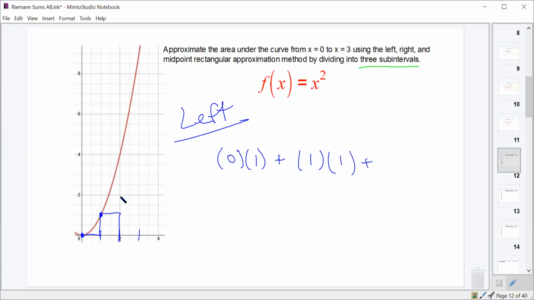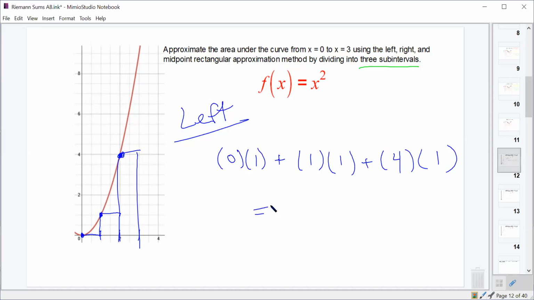Then we do the next subinterval between 2 to 3. So we go to the height of our function up here. What's the height of our function? 4. Which tells us that the height of that rectangle is 4. And what's its width? 1.